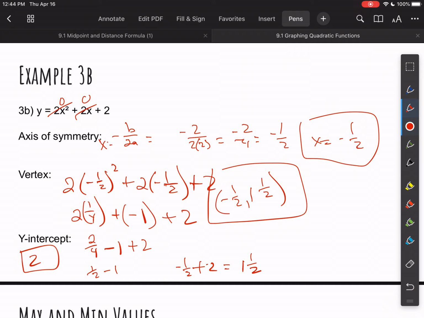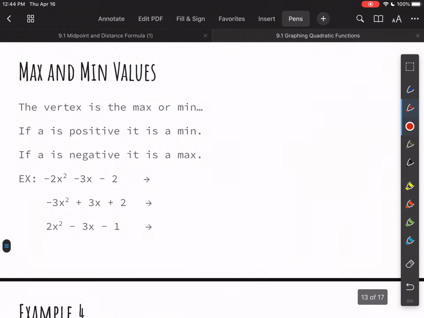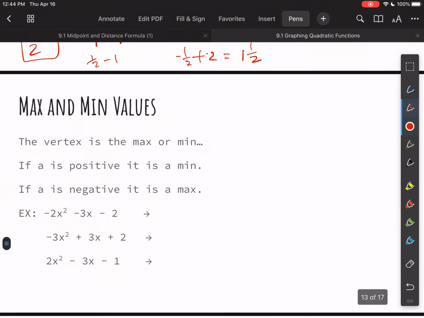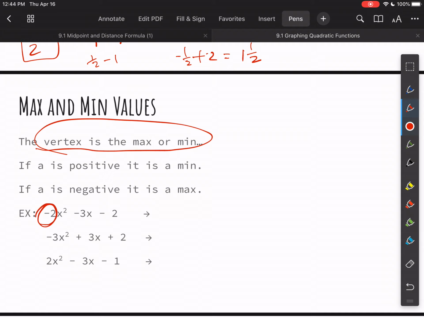Next, let's cruise down to maximum and minimum values. The vertex will always be the max or the min. If the leading coefficient in standard form, the a term, is negative, that means this will always open down. If it's positive, it'll always open up. So if a is negative, we will always be dealing with a max.